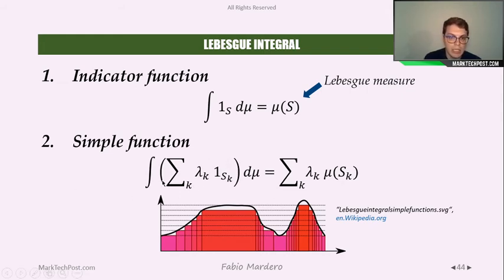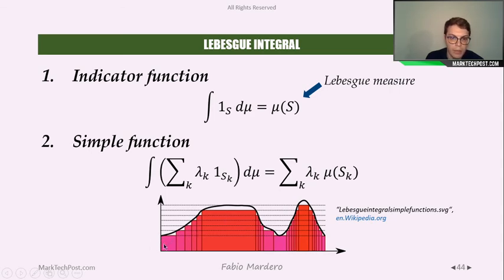Here we are taking the sum, and we want to compute the integral. We express here the linearity of the integral by defining it in this way. So it is the linear combination of the lambda times the Lebesgue measure on the S_k set. Here you can see the concept of a simple function.